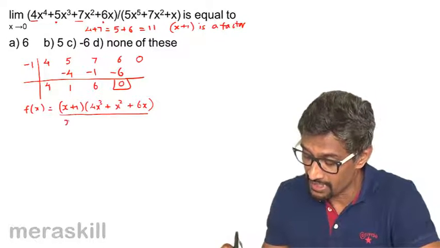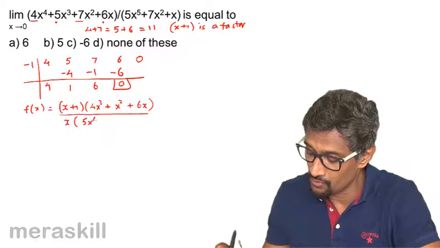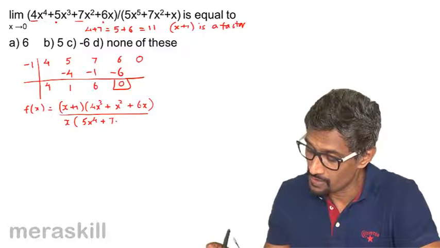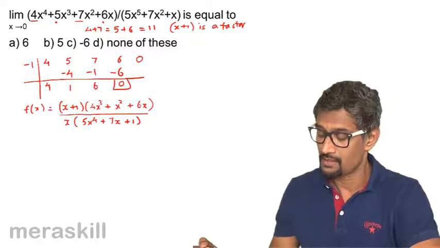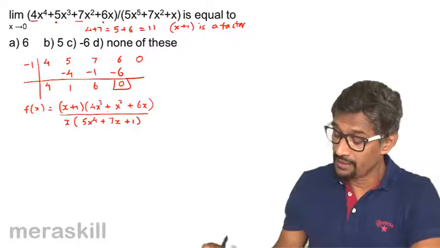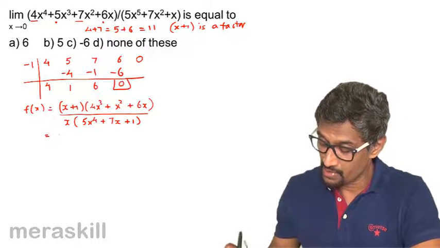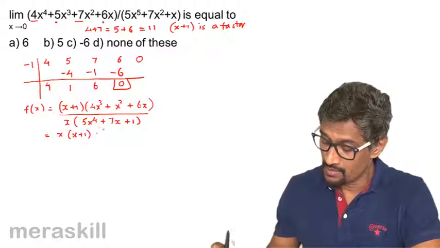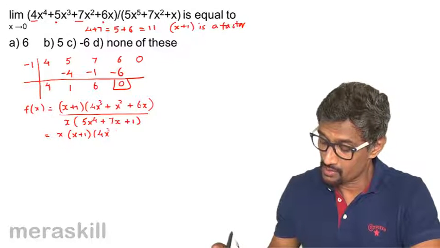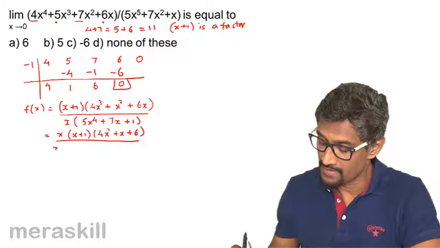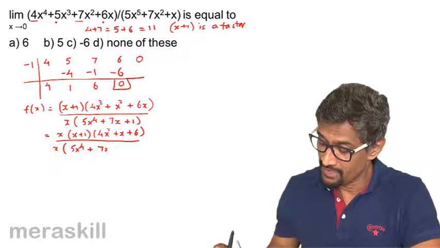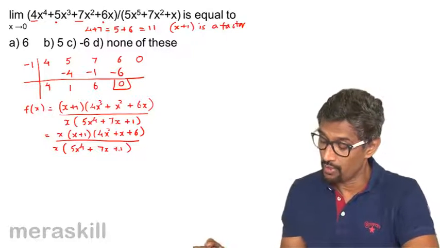So here you can take out x common and you get 5x raised to 3 plus 7x plus 1. Now again in the numerator you can take out x common and you get x into x plus 1 into 4x square plus x plus 6 upon x into 5x raised to 3 plus 7x plus 1.